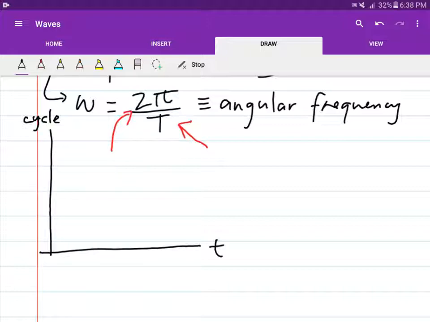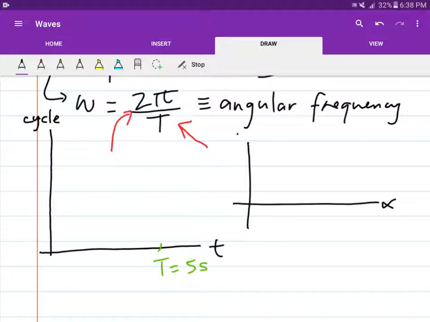So when time equals the period T, for example we have 5 seconds, so the period of a wave is 5 seconds.